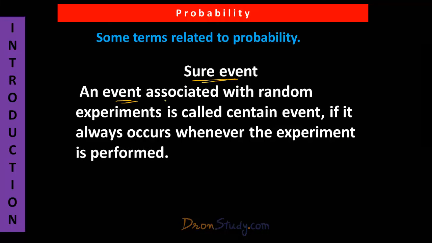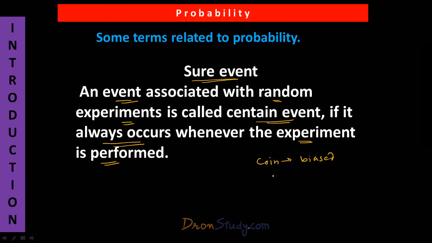Next term is sure event. An event associated with a random experiment is called a certain event if it always occurs whenever the experiment is performed. Suppose there is a coin and that coin is a biased coin.